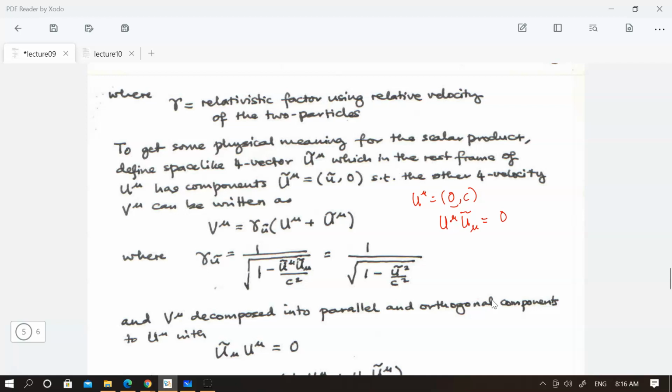Then that will satisfy u tilde mu being orthogonal to u mu. And you have the relativistic factor here, which is given by the relative velocity, and this is given by this u tilde mu. So that gives the u tilde squared.